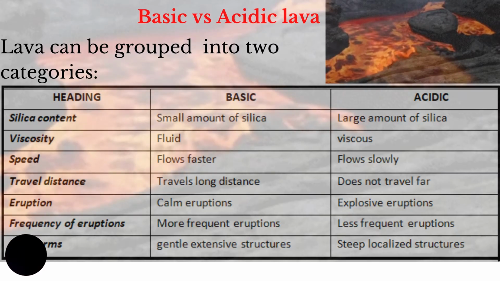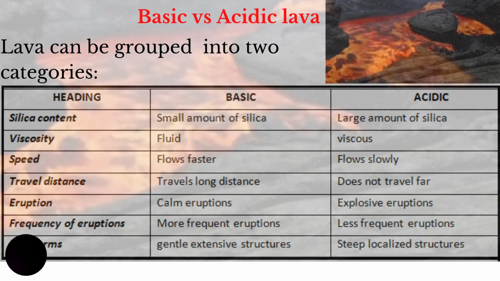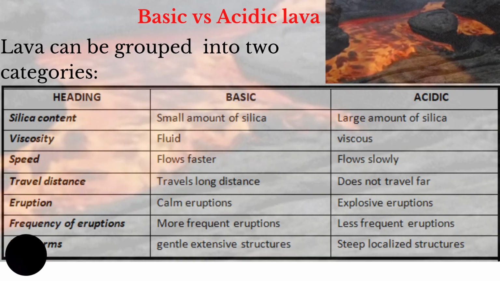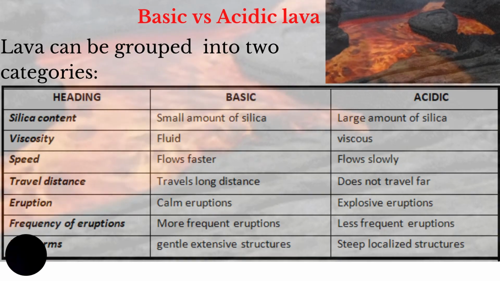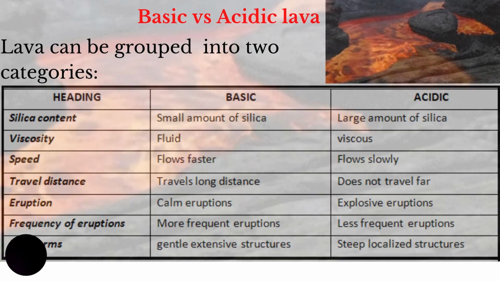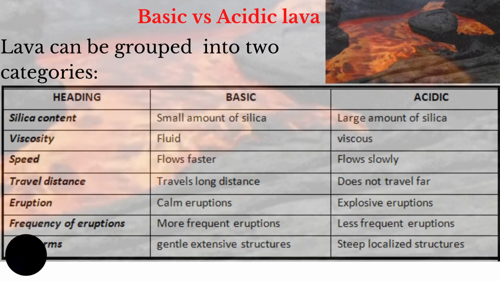Basic lava is hotter than acidic lava. Basic lava has a low silica content, while acidic lava has a higher silica content.